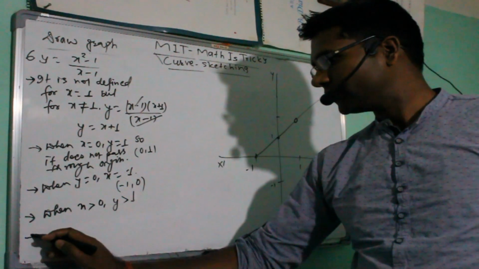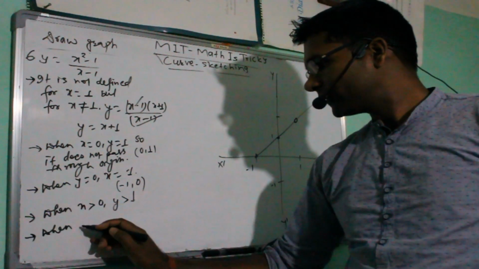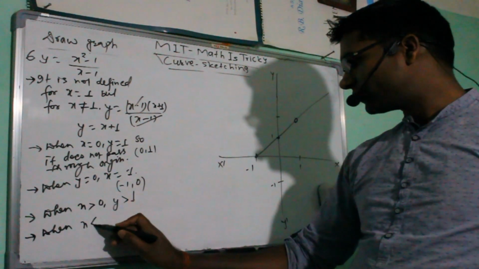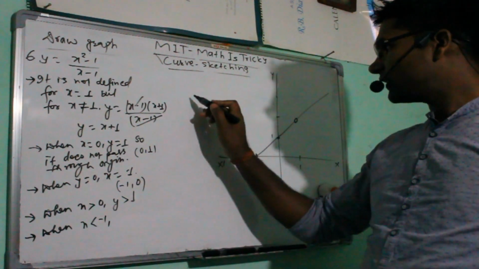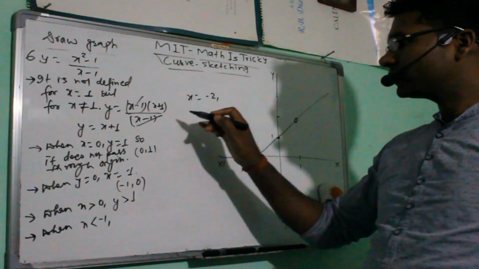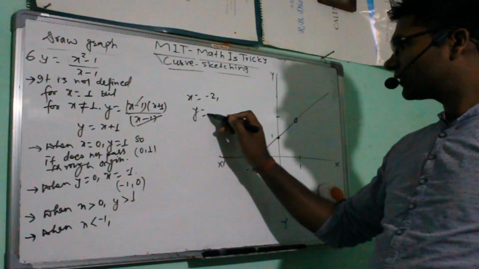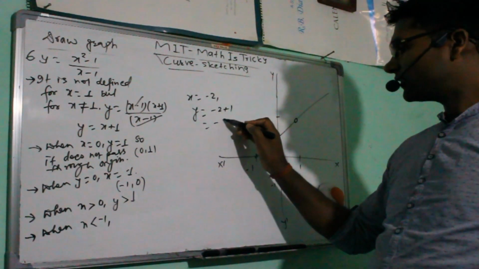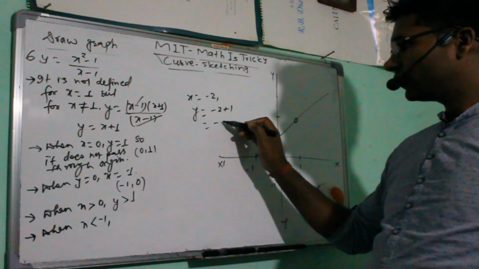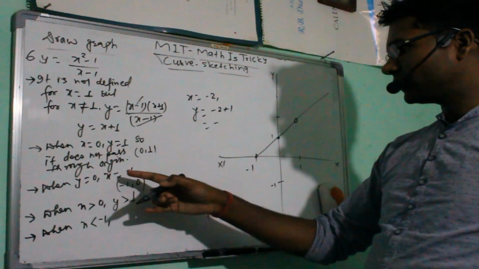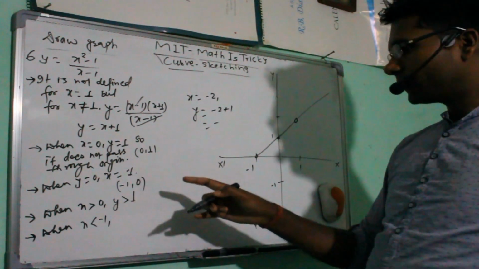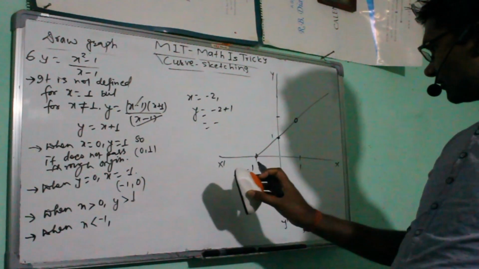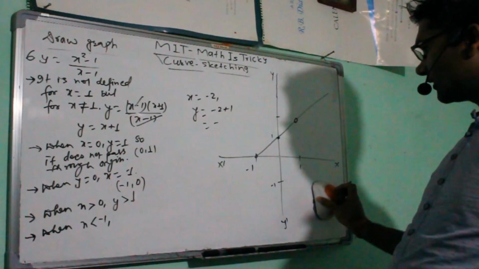Now when x is less than minus 1, say x equals minus 2, then y equals minus 2 plus 1, which is minus 1.